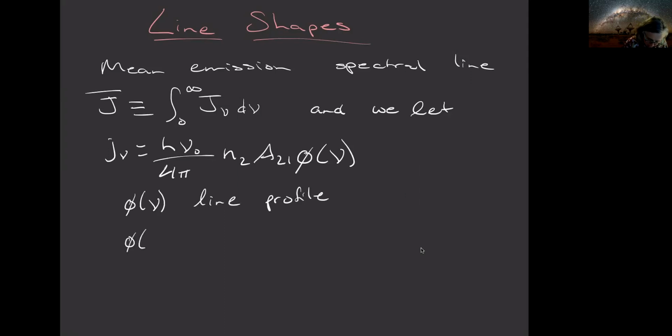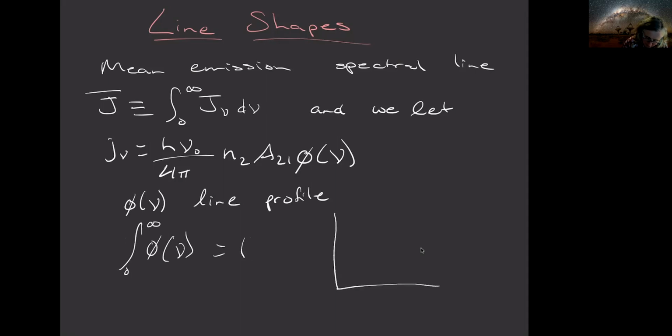I should write that differently. Because it's a normalized function, the integral of phi of nu from 0 to infinity is equal to 1.